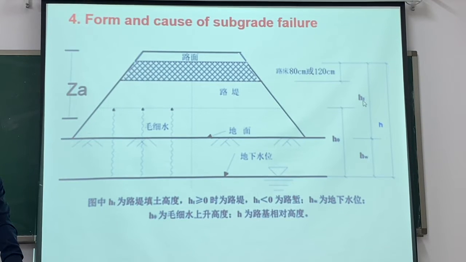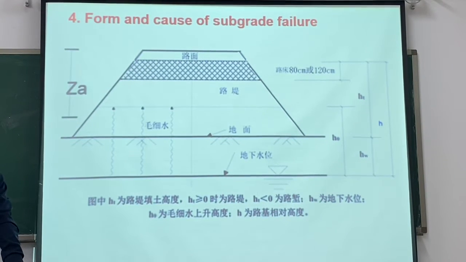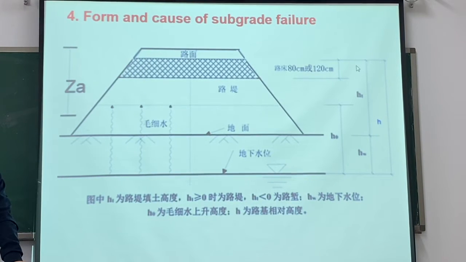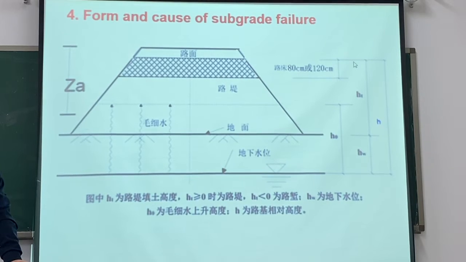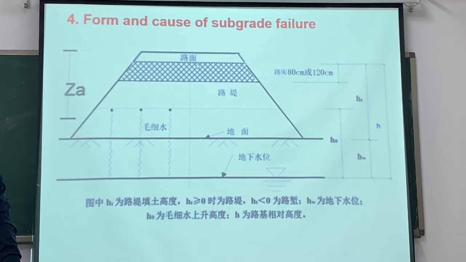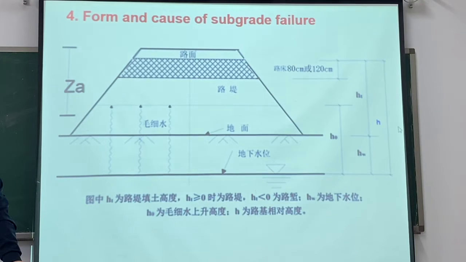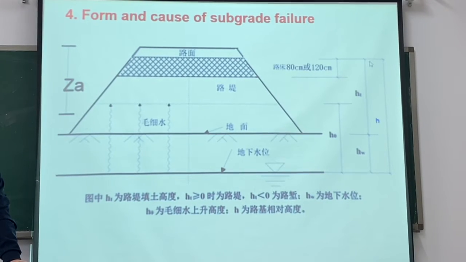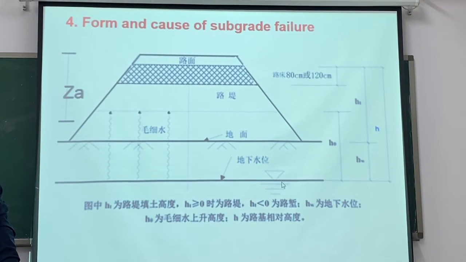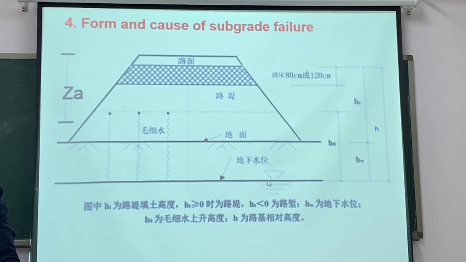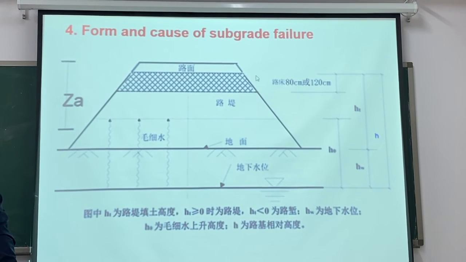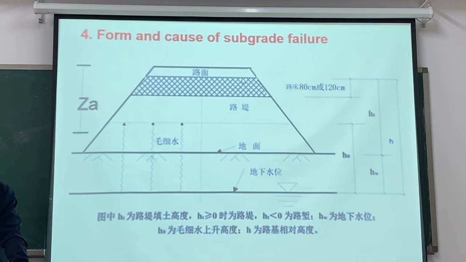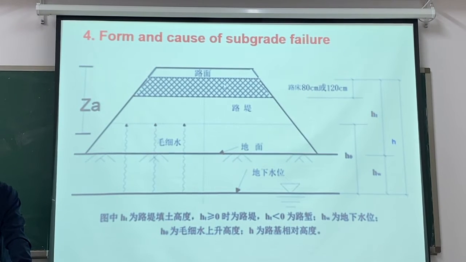H1 is the subgrade height. And H is what? H is the height from the water table to the roadbed, the top of the roadbed.